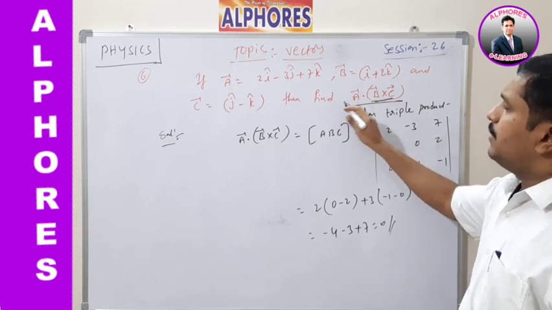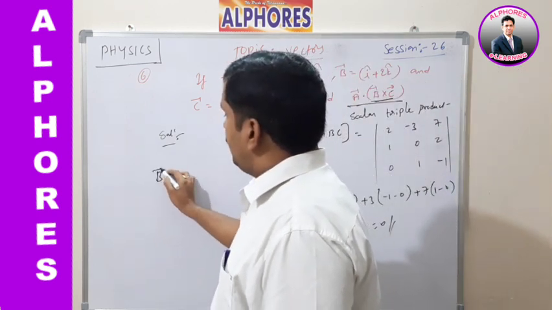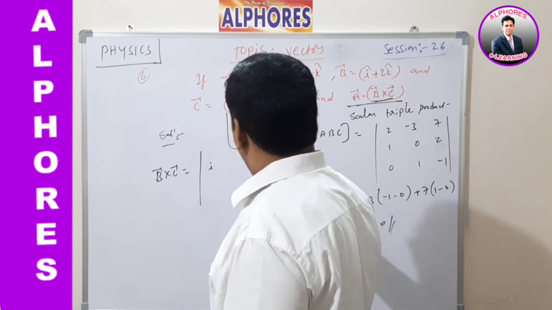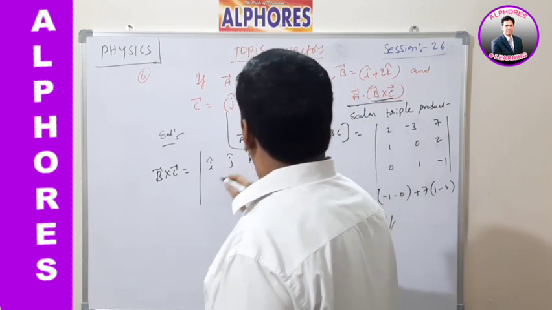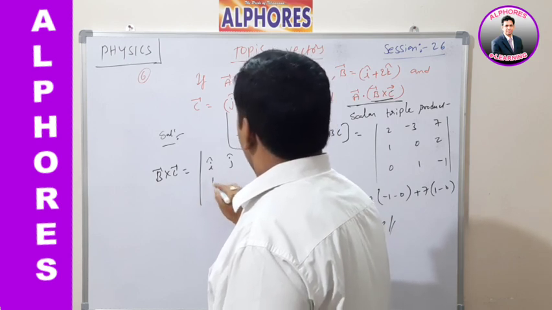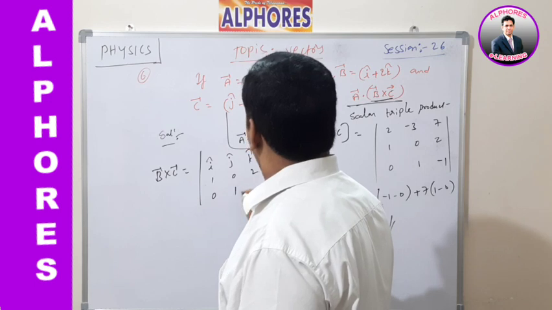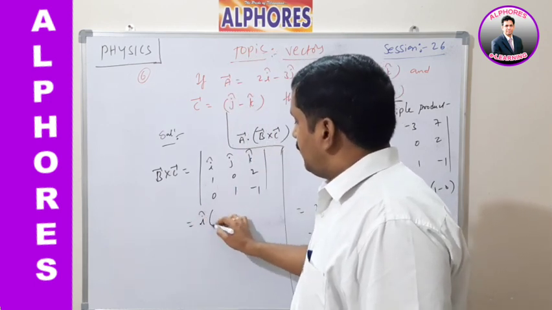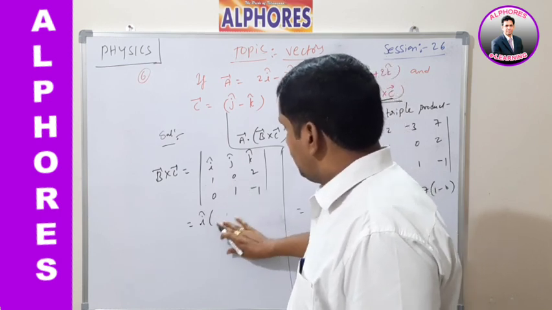Or, by taking the second method, first find B bar cross C bar and then take the dot product with A bar. This is the second method I am giving. With I cap, J cap, K cap, the B bar coefficients are 1, 0, 2 and C is 0, 1, minus 1. I cap into minus 1, minus 2, so minus 2 I cap.